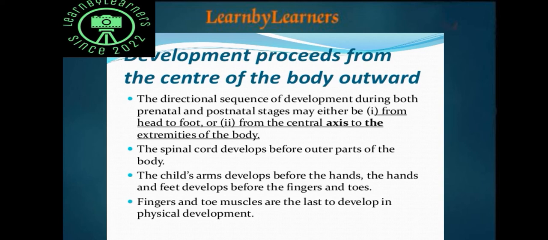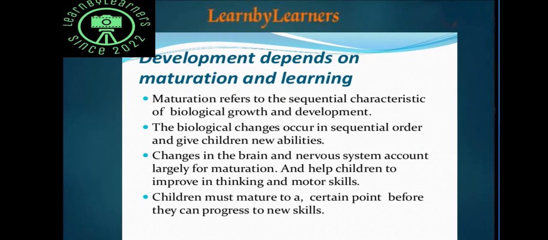These are the two patterns we have already seen, cephalocaudal and proximodistal, right? So you can say that the spinal cord develops before the outer parts of the body, and so on. And fingers and toes are the last to develop, and that comes under what? Cephalocaudal, right?